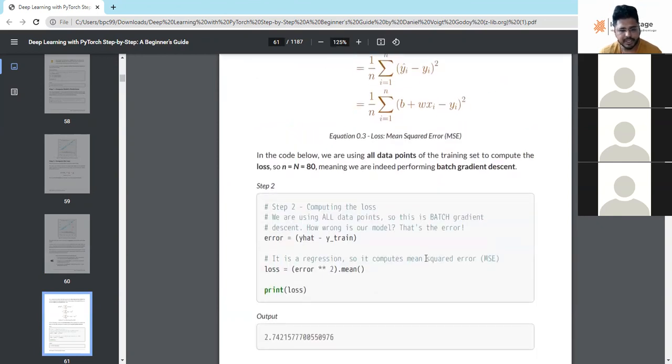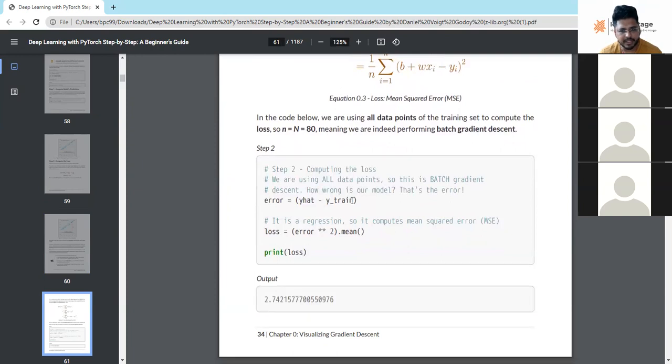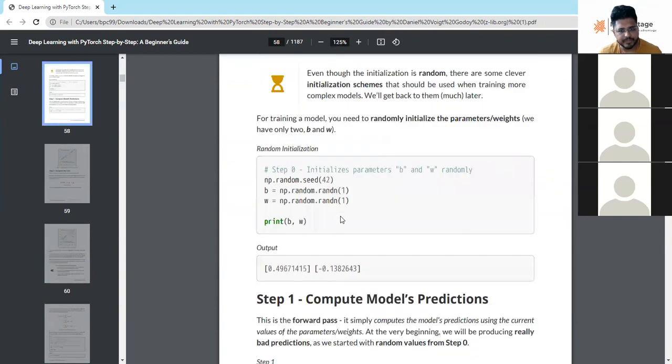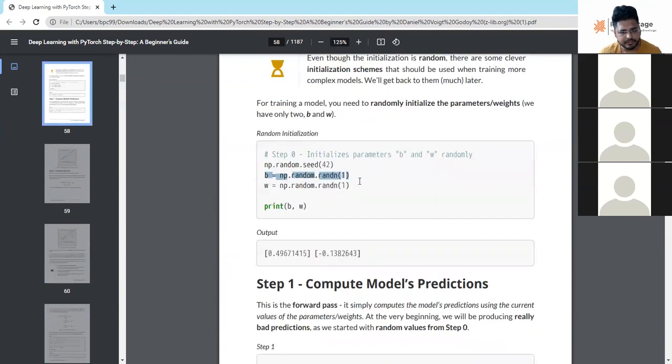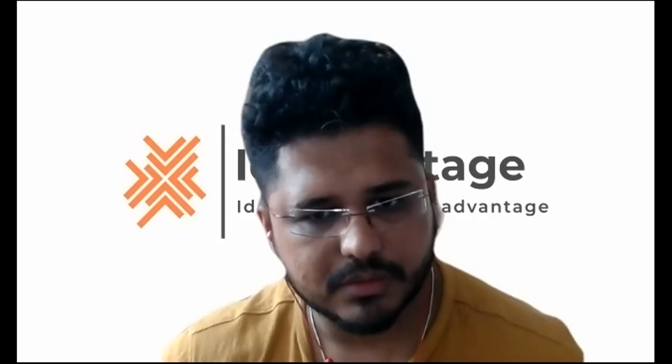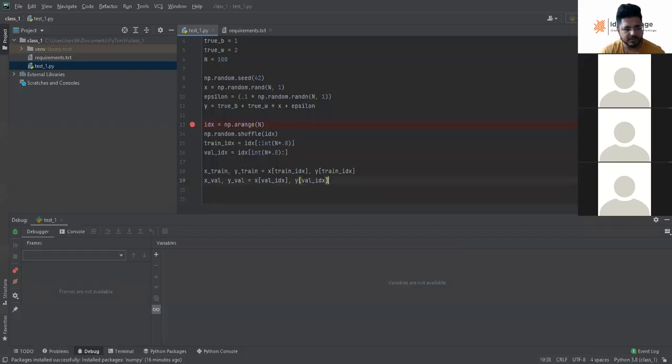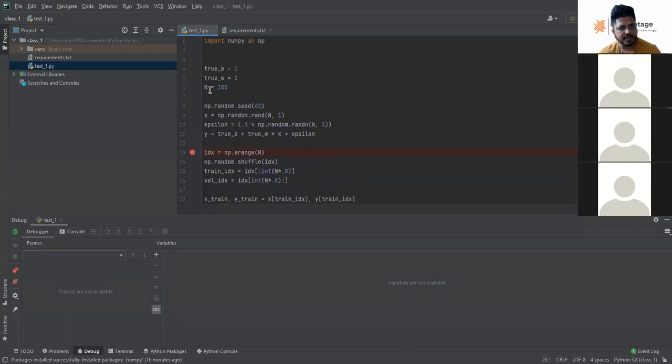Programmatically, you can get this value, so let us do this here. This is true B and true W. True B and true W got us the original data, the true distribution.